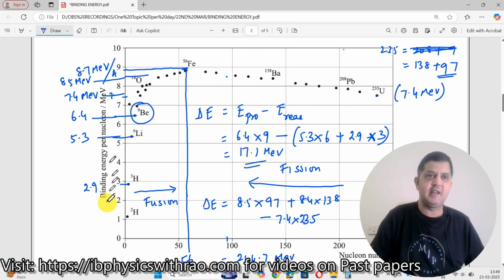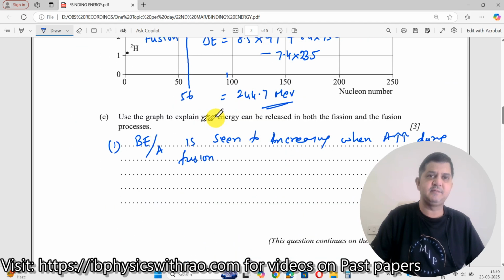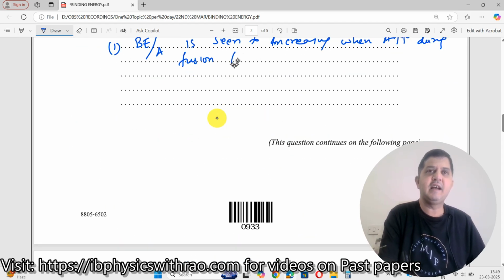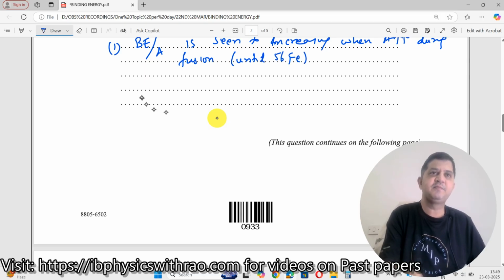Otherwise, you can just show it like this over here. See, binding energy per nucleon increases as A increases for fusion until how much? Until ferrous, until 56 ferrous.